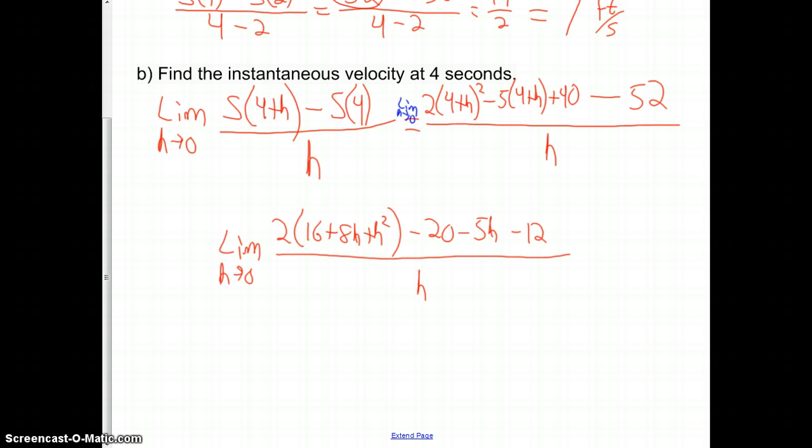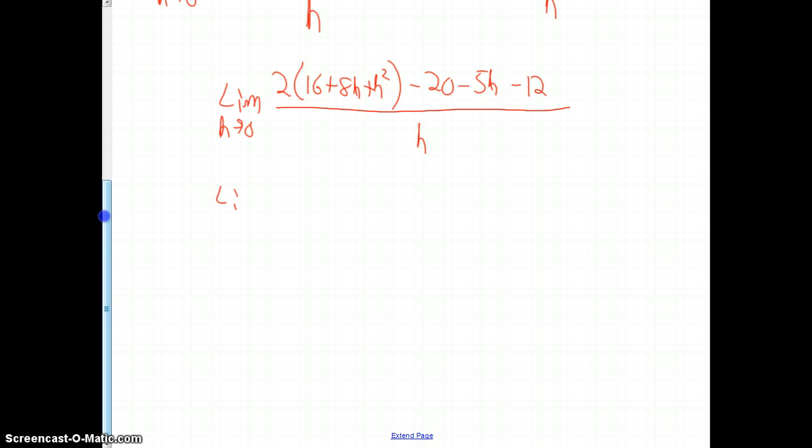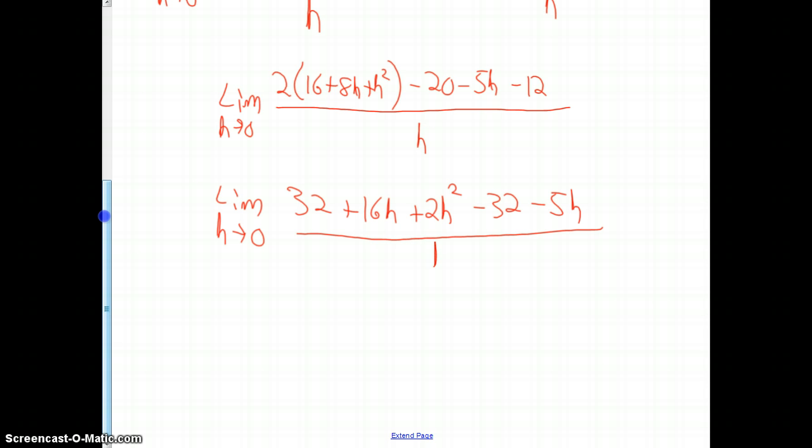All right, going to do some distributive property. Move this page up again. Still haven't taken the limit, so it's still sitting out in front. We got 32 plus 16h plus 2h squared. We got this minus 20 and a minus 12, so it becomes a minus 32, minus 5h. All of this is over h.